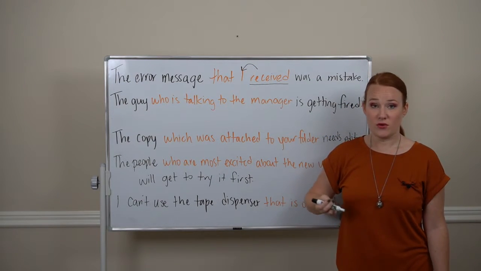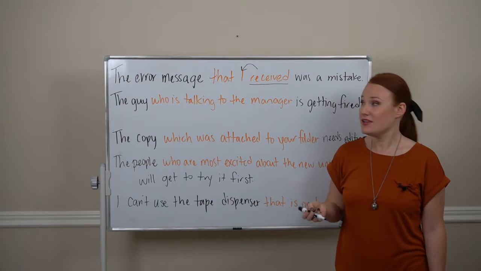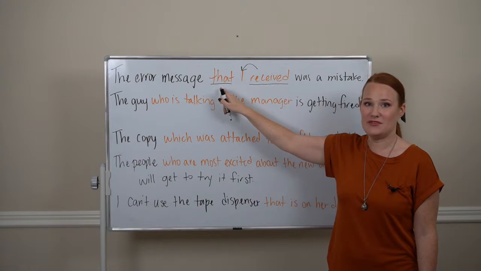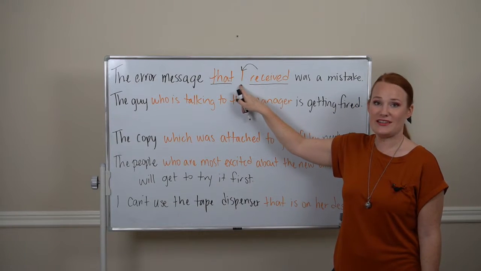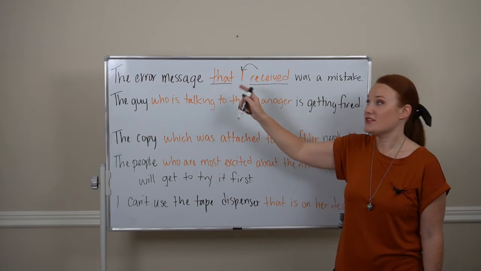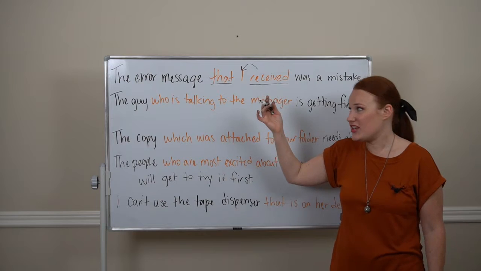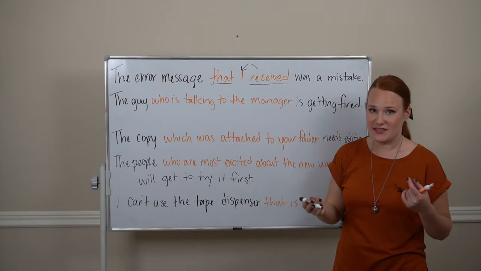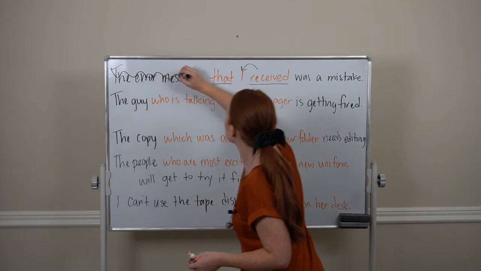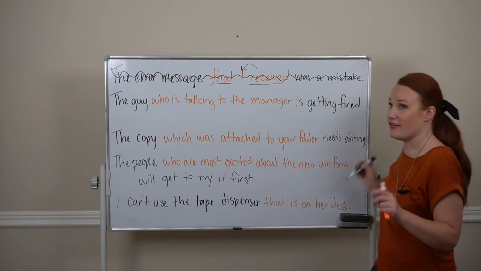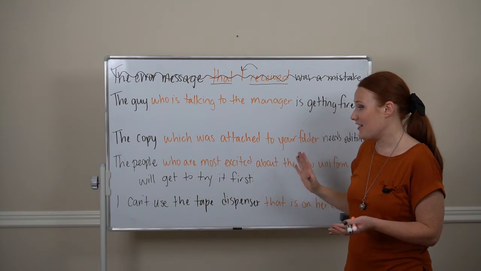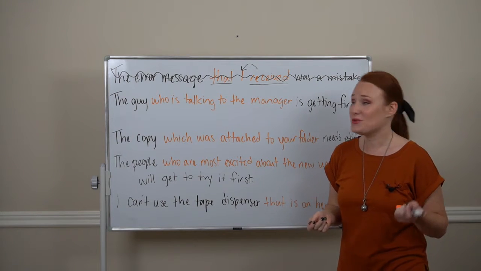If the word before the verb is a noun, that means our relative pronoun has to be an object, because this noun is the subject. I received the message, so the message is an object. This is an object relative clause. We can't reduce it, so forget about that one.